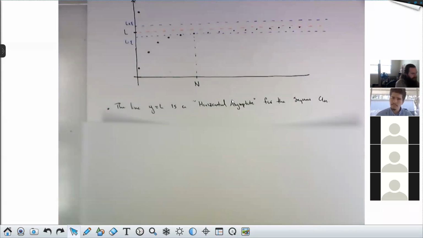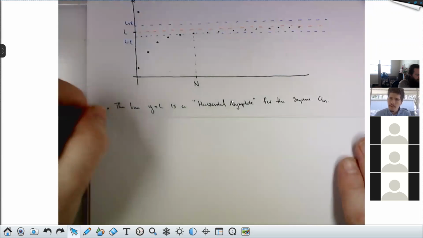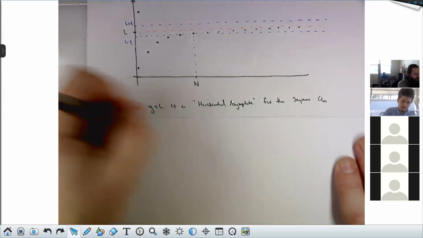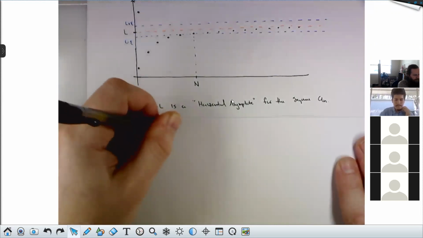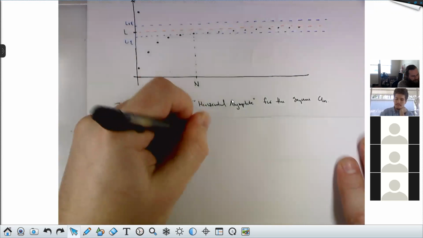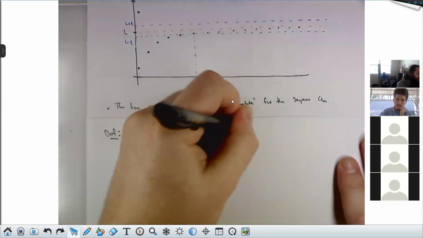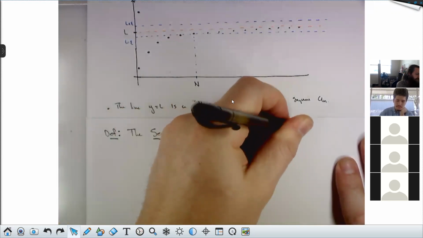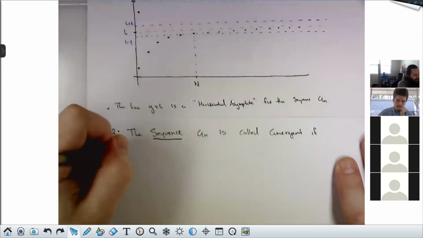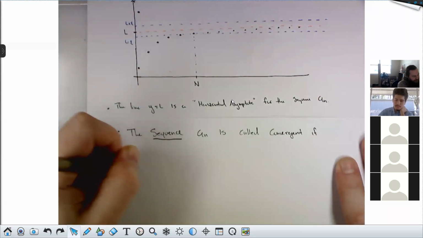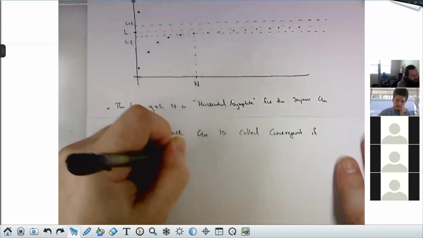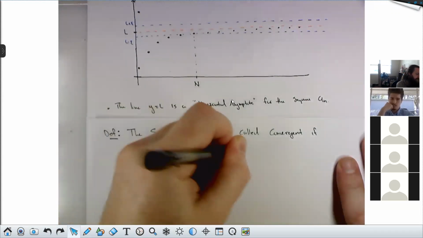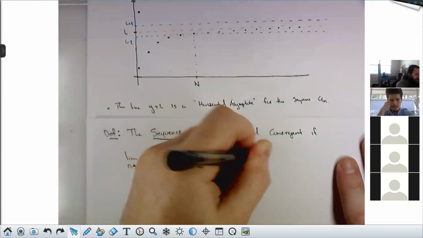Now here's the definition of convergence. The sequence AN is called convergent if the limit as n goes to infinity of AN exists and is finite.